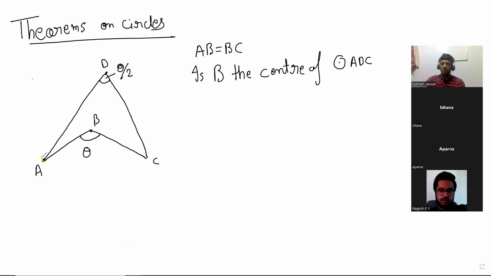Yes. Okay. Why? Sir, I think the converse of this theorem is also there. I read it, I think. Okay. But if you can think of an explanation. So it has to be the center only because otherwise AB won't be equal to BC.